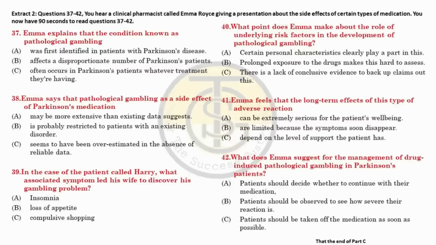There are several underlying risk factors for developing pathological gambling: male gender, a previous or family history of gambling, personality traits such as high impulsivity and high novelty seeking. The risk increases when such people take dopamine agonists as treatment for Parkinson's disease.